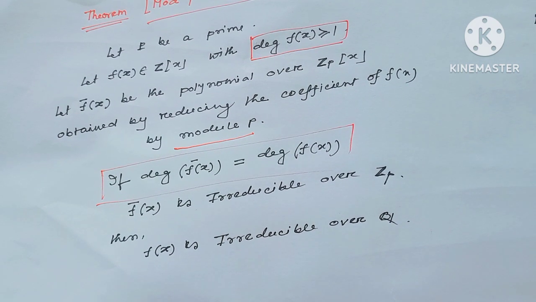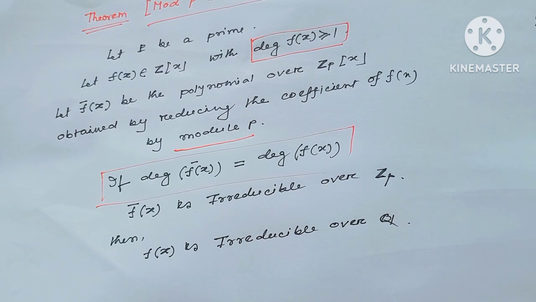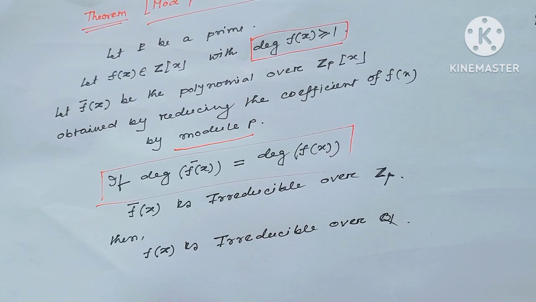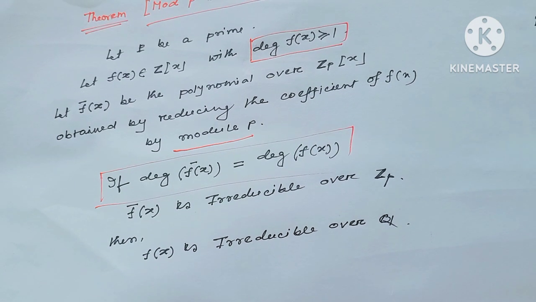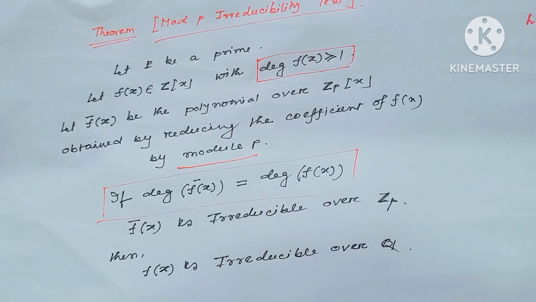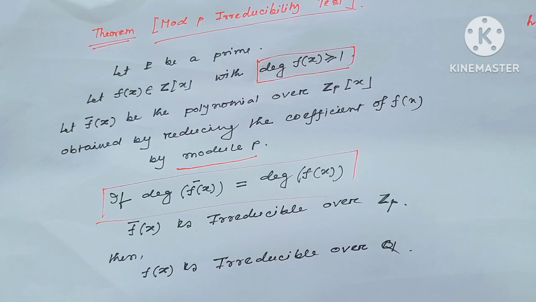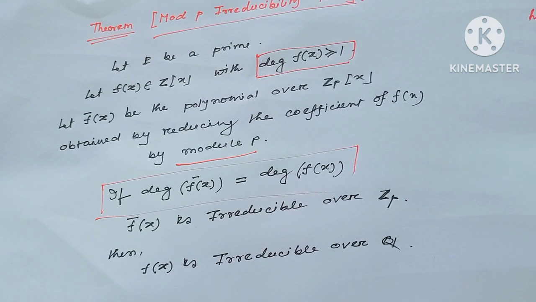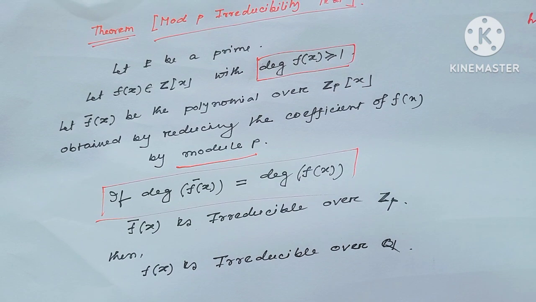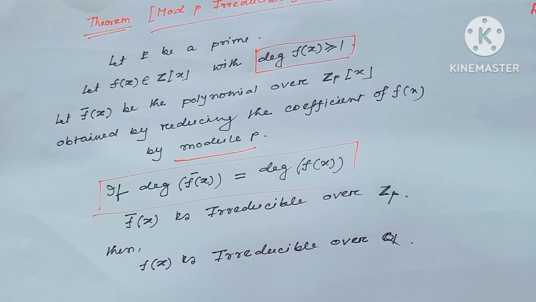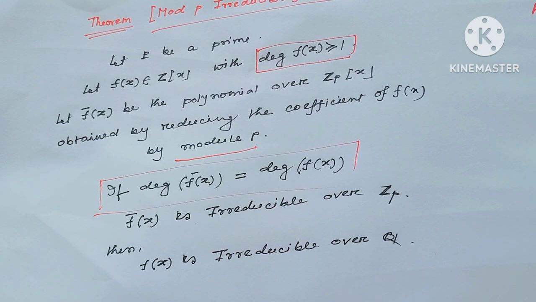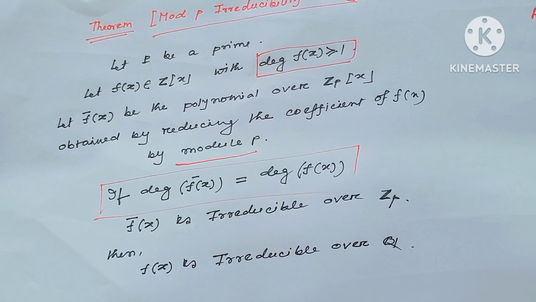That means by the mod p irreducibility test, if we can find one prime number p for which the polynomial f bar is irreducible, then f is irreducible. All of us know this theorem. Today, to understand it in a better way, I will solve one question with it.